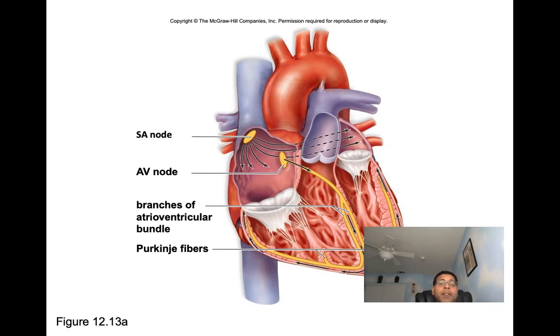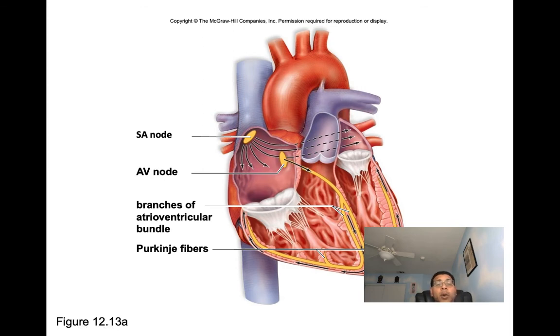The signal for the ventricles to contract travels from the AV node through the atrioventricular or AV bundle before spreading to the Purkinje fibers and allowing the ventricles to contract as a coordinated whole.